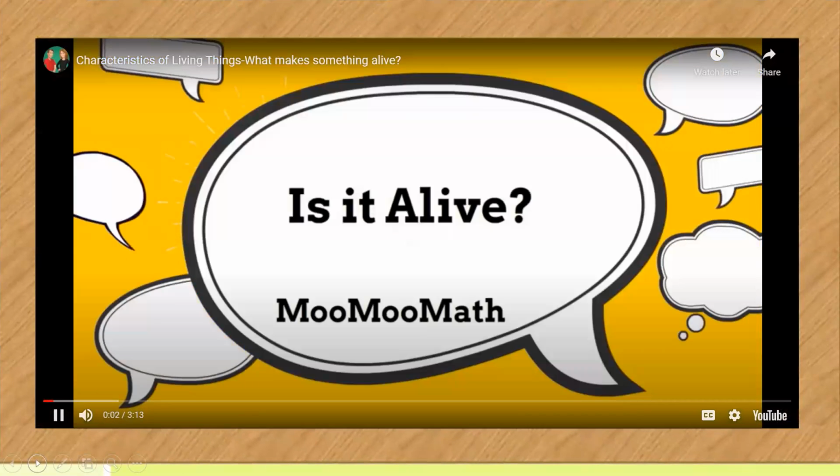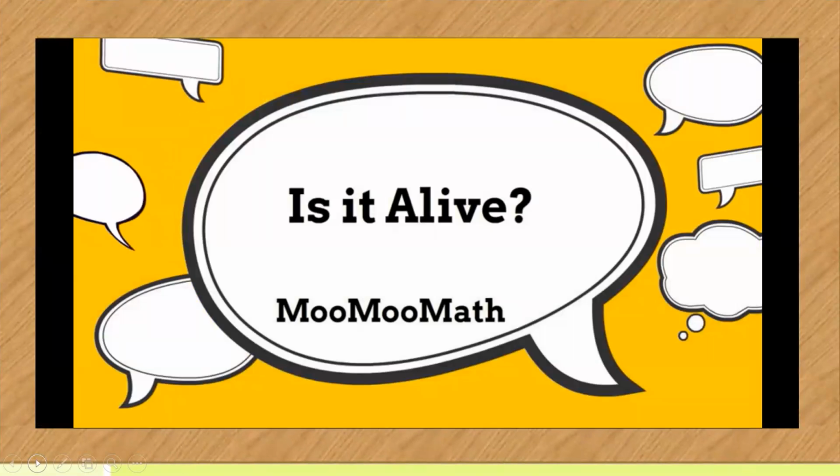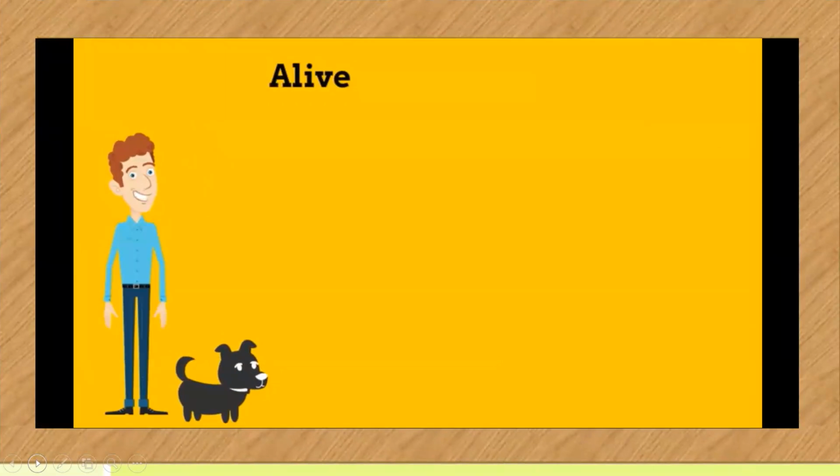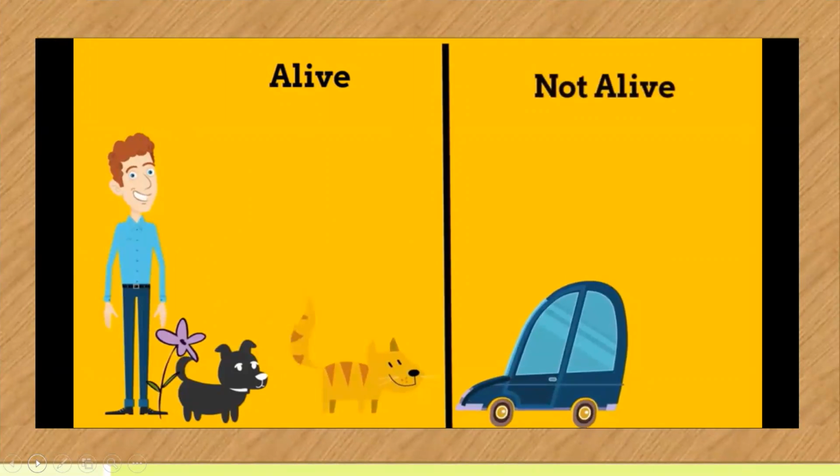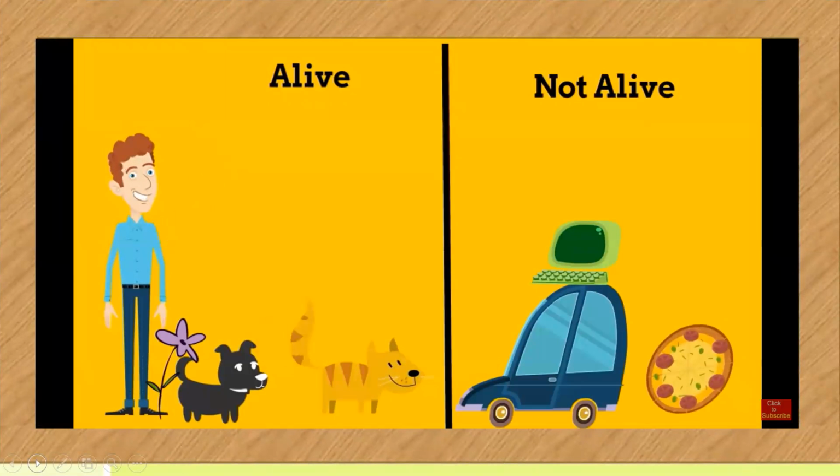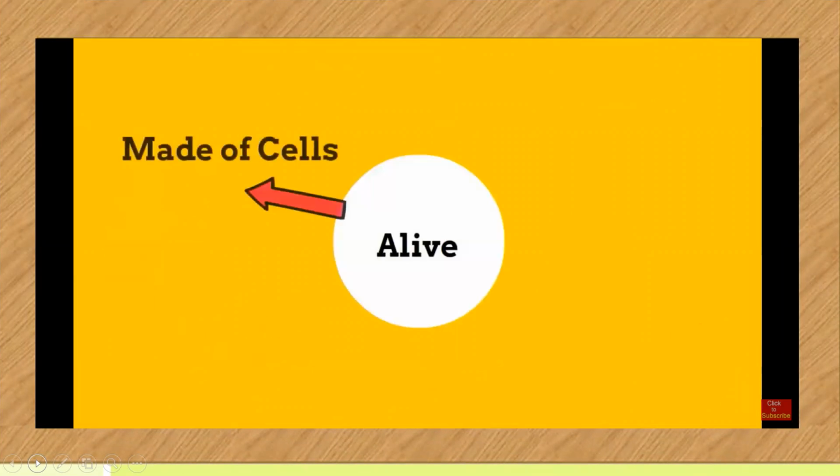Welcome to Lulu Math and Characteristics of Living Things. Why are some objects considered alive and other objects considered not alive? Let's look at the 7 characteristics of living things. The first characteristic of living things is that all living things are composed of cells.